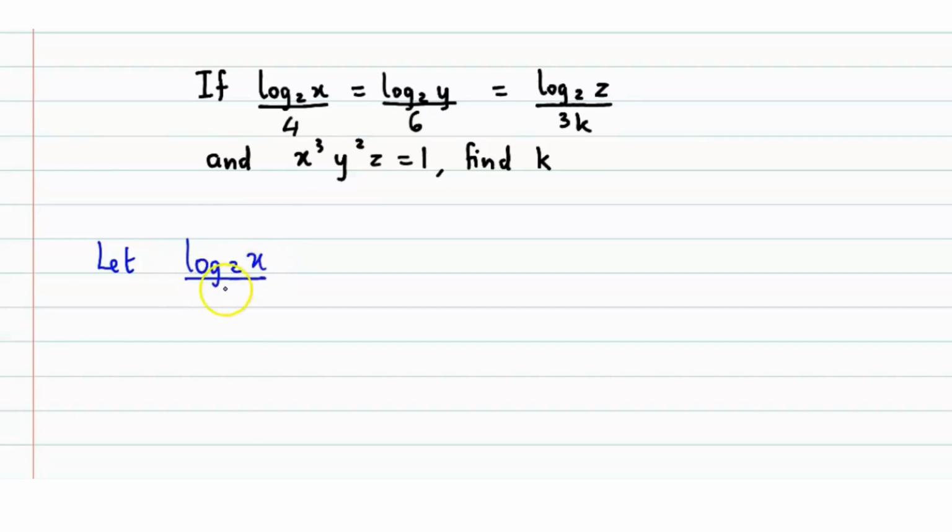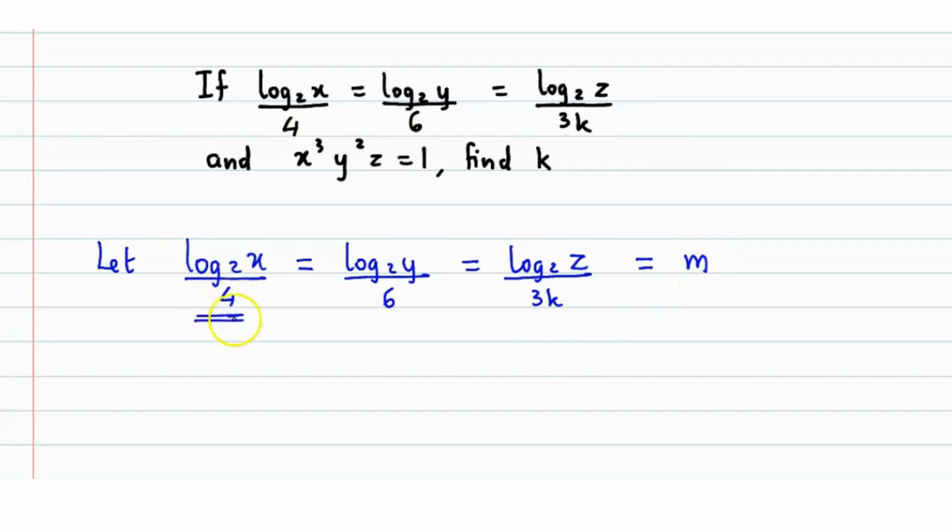that is log of x to the base 2 upon 4 equals log y to the base 2 upon 6 equals log z to the base 2 upon 3k. Suppose हम इन तीनों को assume करते हैं as m.